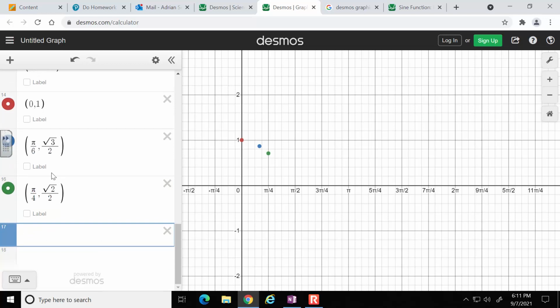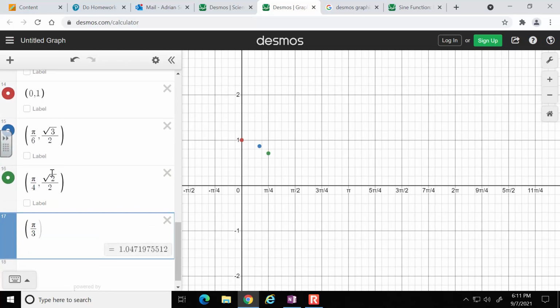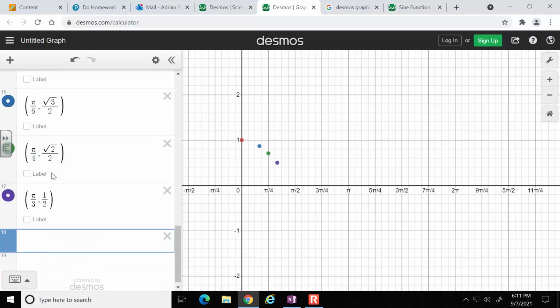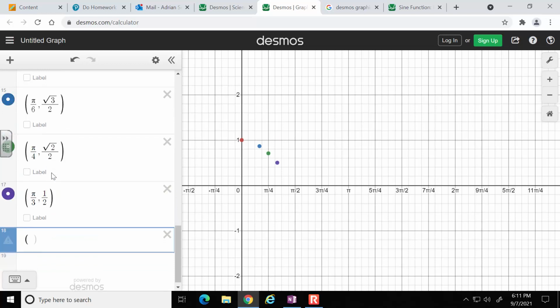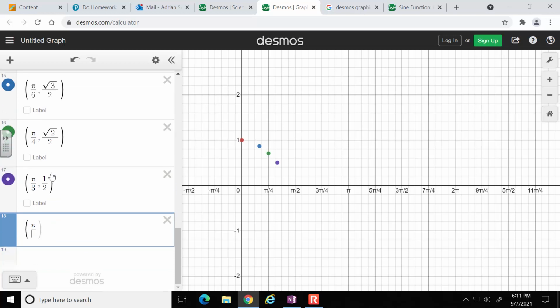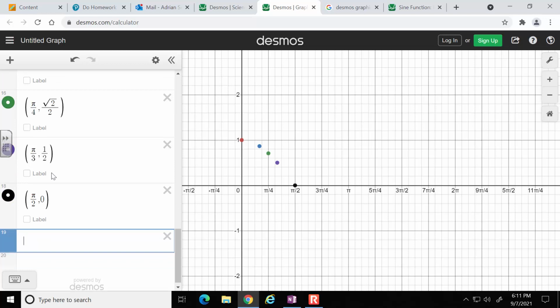Pi divided by 3. And then finally, when we get to pi halves, the cosine is now 0 because it's our x value. So you can see that, and you can keep going with points on that. In general, though, you get this.